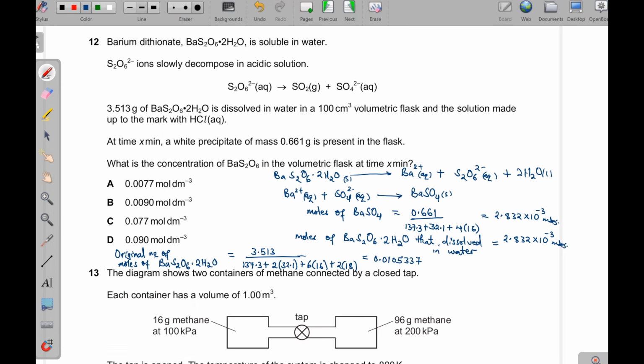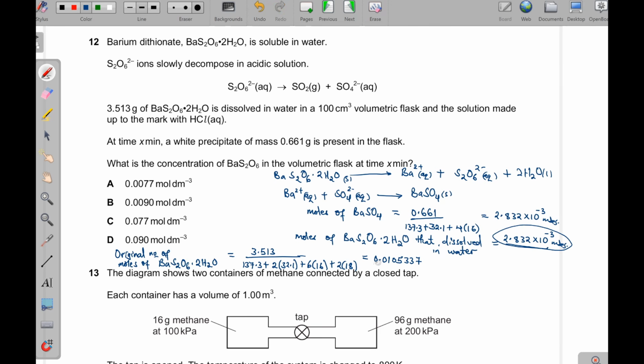Now these are the moles which were there originally. But the ones that dissolved, that gave us the mass here when this time had elapsed, they were these ones here.